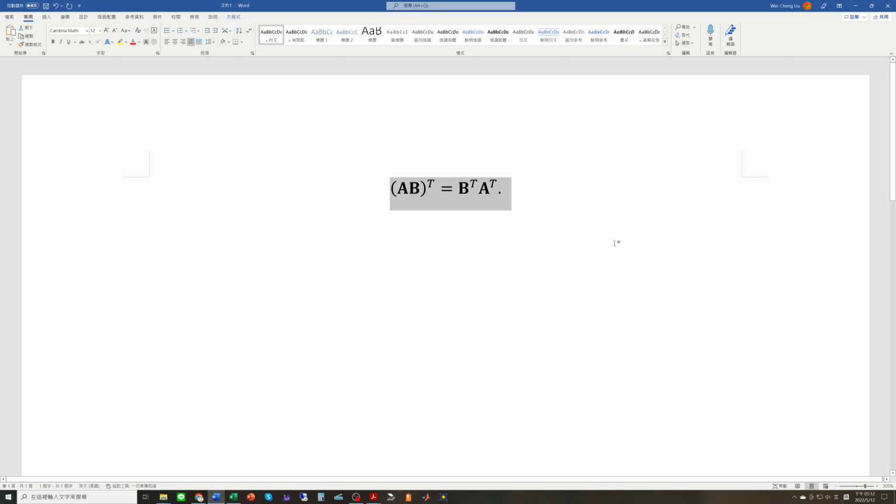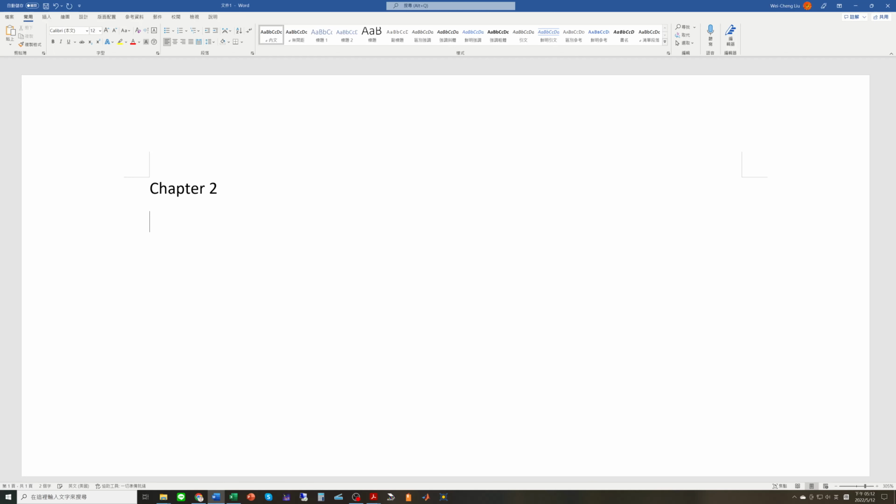This is chapter 2, page 47, a problem: derive the second equality of equation 54 in the handout.